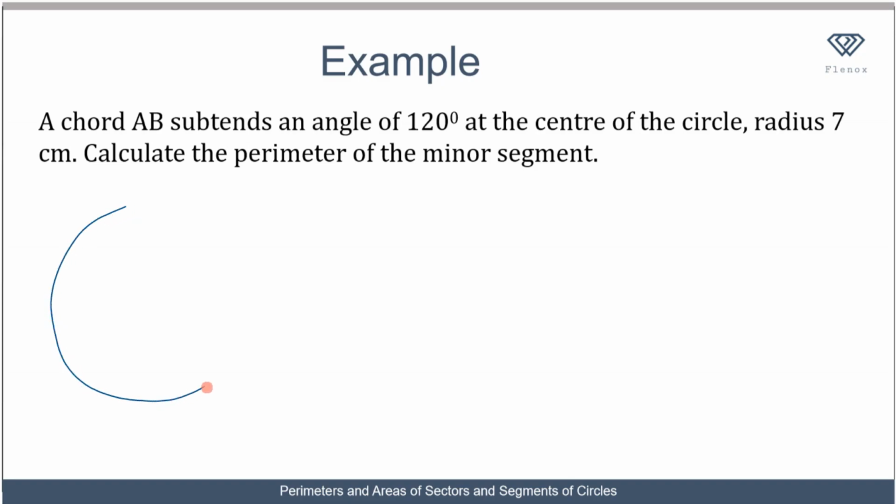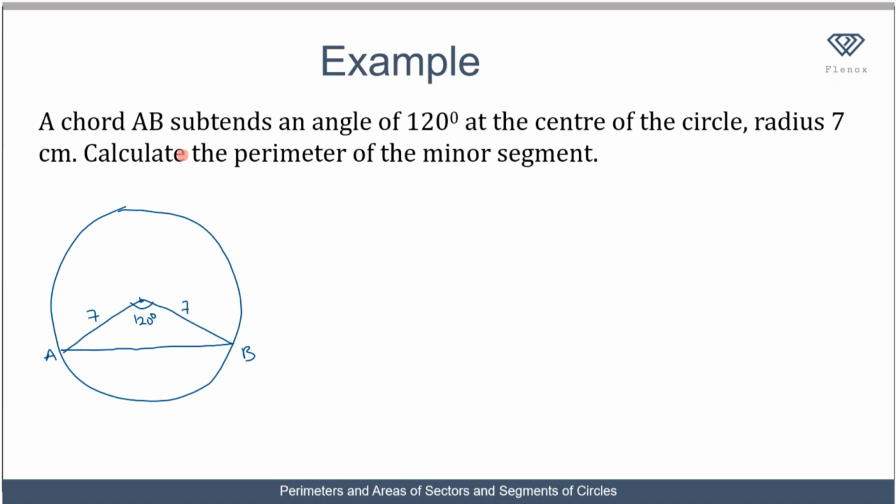So we have a circle, and we have a chord AB that subtends an angle of 120 degrees at the center of the circle. The radius is 7, so I have 7 and 7 here. I'm told to calculate the perimeter of the minor segment.